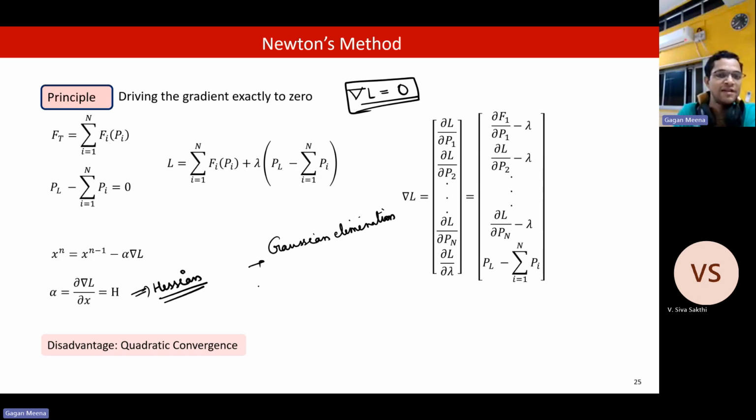Other methods are LU decomposition and QR. Using these, we can avoid the inverse operation, because the update rule is the same.